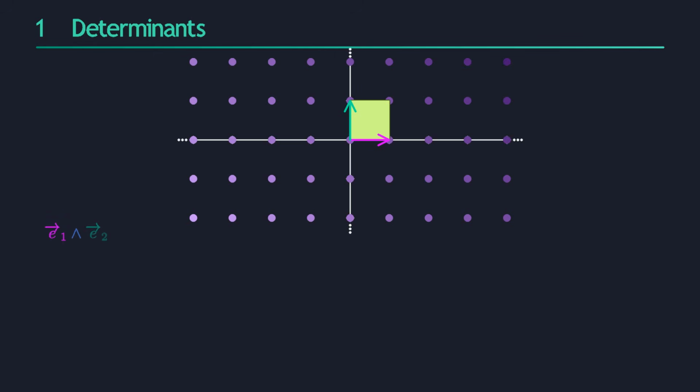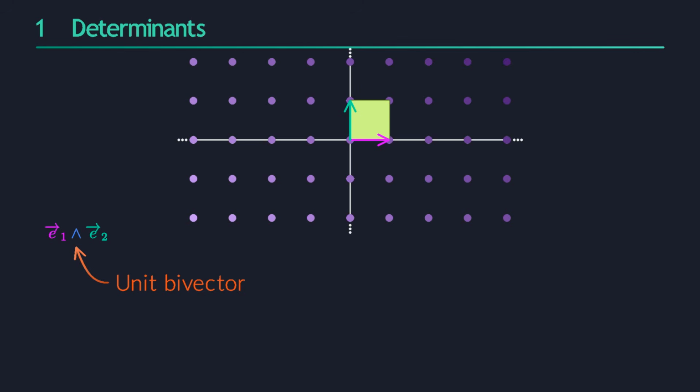We write it like this, as the wedge product between the two basis vectors e1 and e2. This produces a bivector, which is exactly the little piece of the plane that we need. Its size is 1, and even though I draw it as a square, its shape doesn't really matter. Any shape of unit size gets rescaled by the same factor, and that factor is all we are interested in.